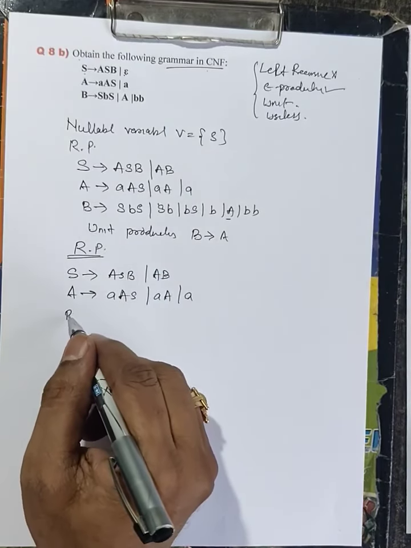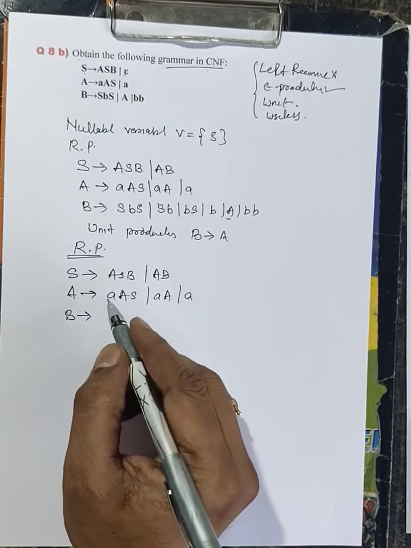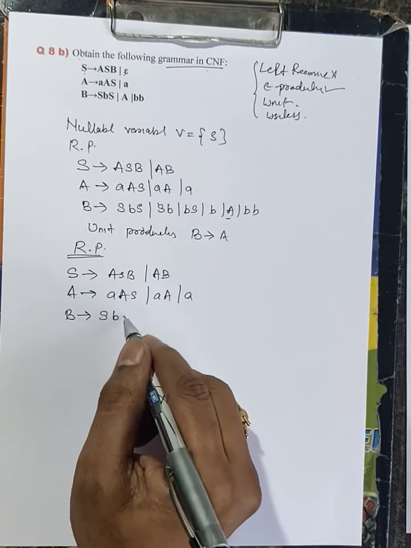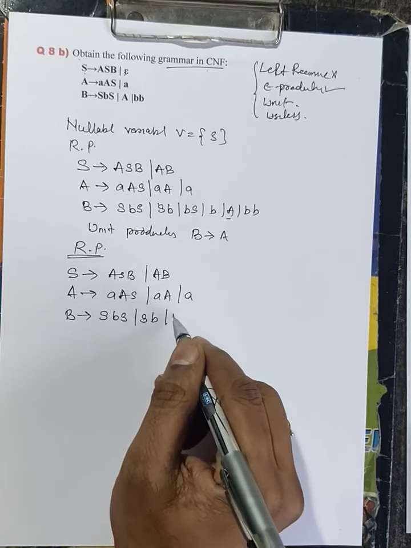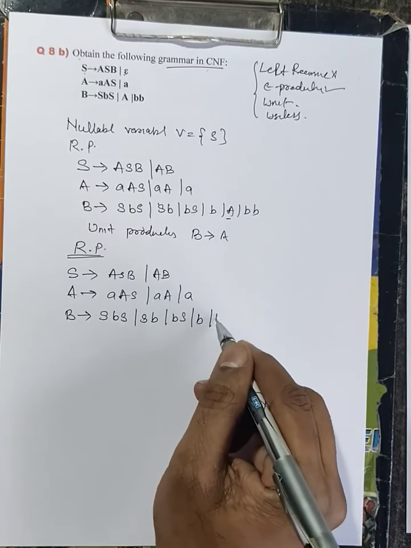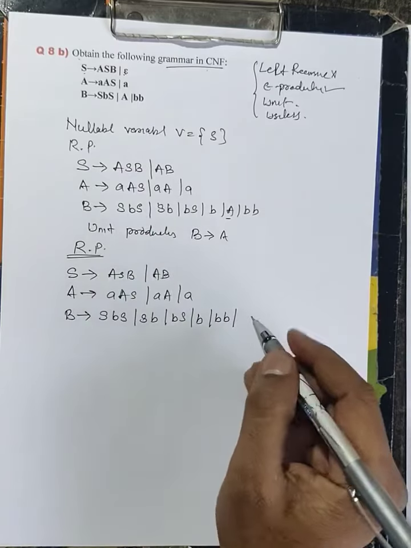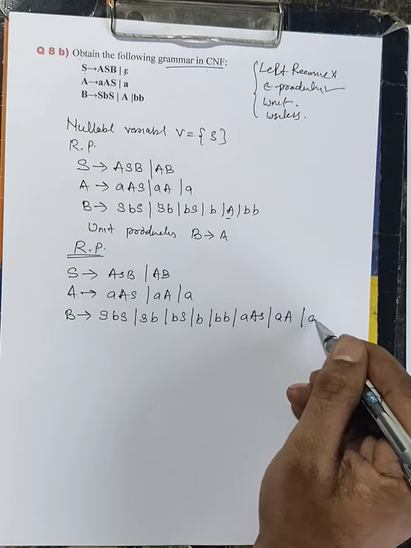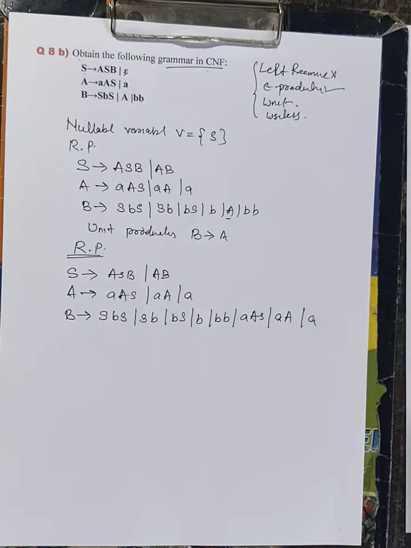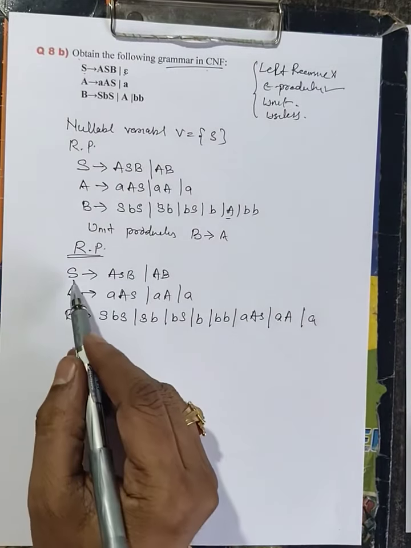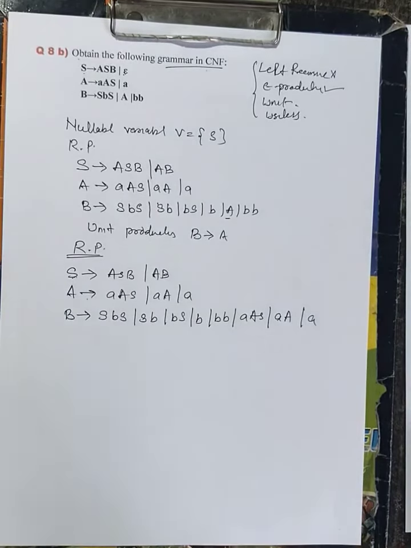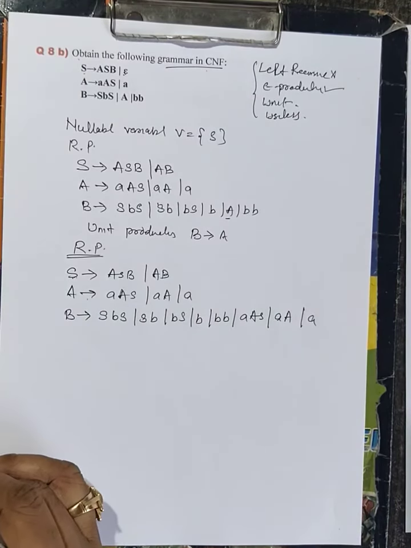Then B produces S, B, or SB, BS, or b, or BB, then the productions of A: AAS or AA or a. Within this, is there a useless production? From S, A and B are both reachable. A can terminate, B can terminate, so there are no useless productions.